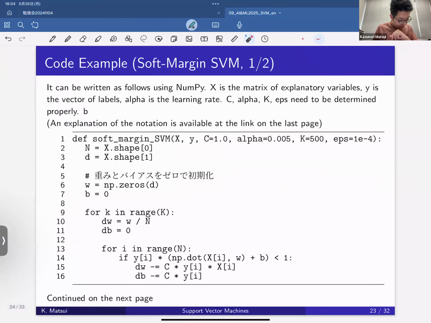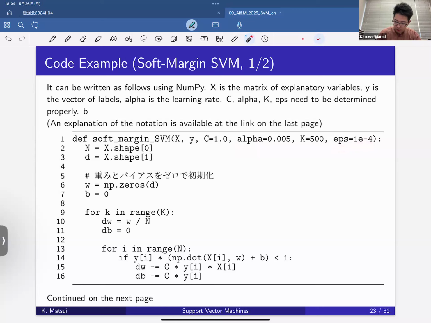When we write this with NumPy, it looks like this. Alpha is the learning rate, k is how many times to loop, and EPS, short for epsilon, is a parameter for how small the weight update amount should become before we stop.